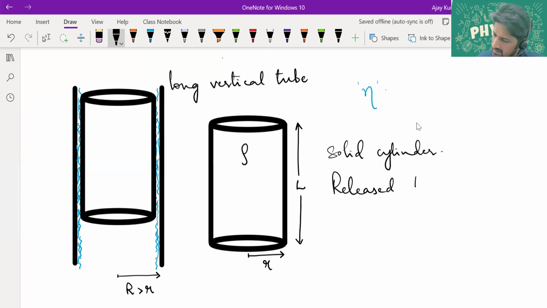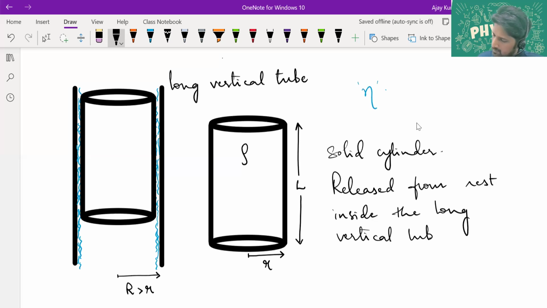The cylinder is released from rest inside the long vertical tube. What will happen? Will it fall down or not?